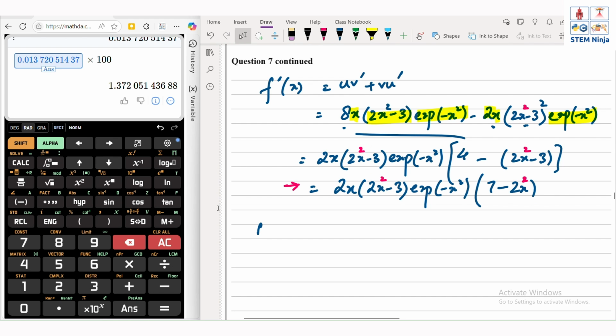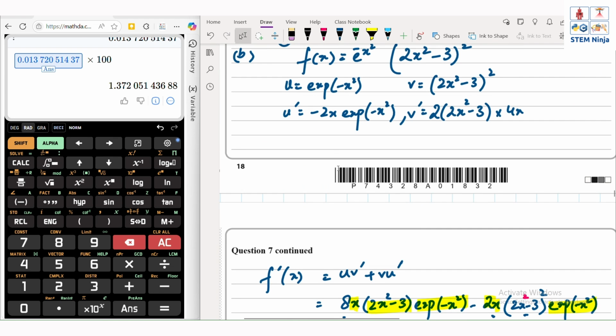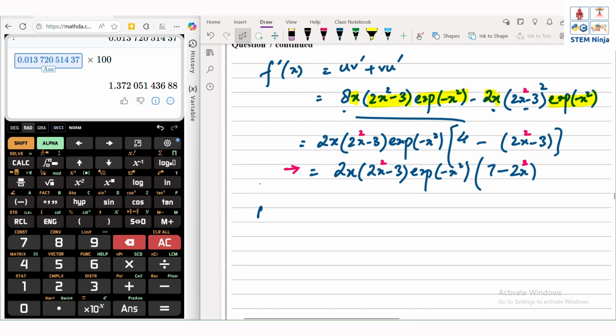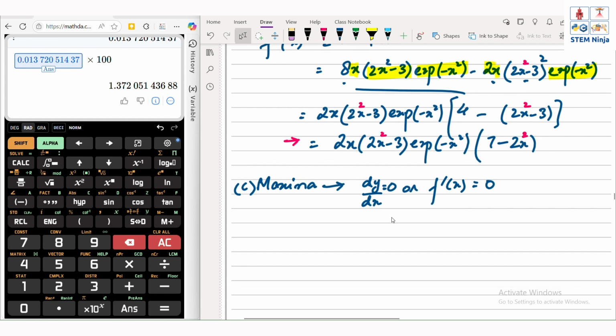So maximum points, this is part C. Maxima can be found with dy by dx or f prime of x equal to 0. So we put this entire thing equal to 0.